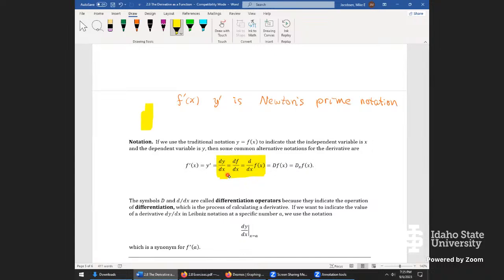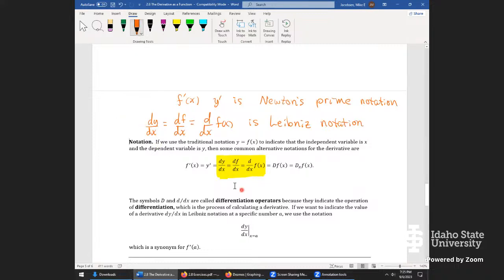So all this stuff, if you call it dy dx, or if you call it df dx, or if you call it d dx of f of x, this is Leibniz notation.